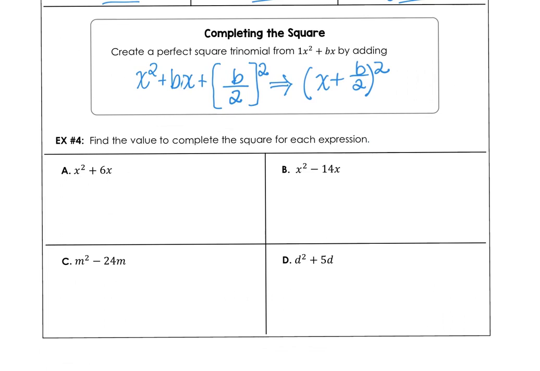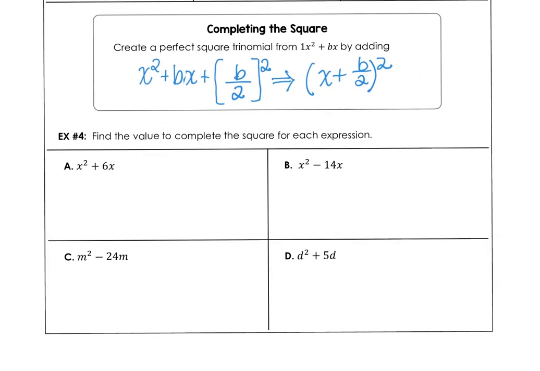Our b value is 6. Half of 6 is 3. And 3 squared is 9. We would add 9 to complete the square. In part B, the b value is negative 14. Half of that is negative 7.